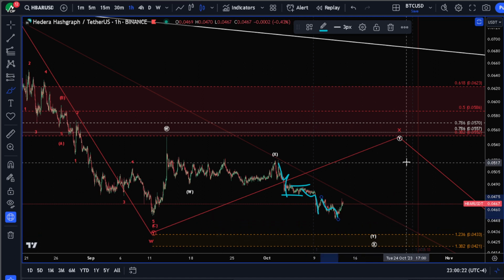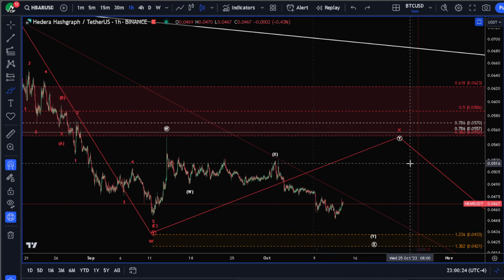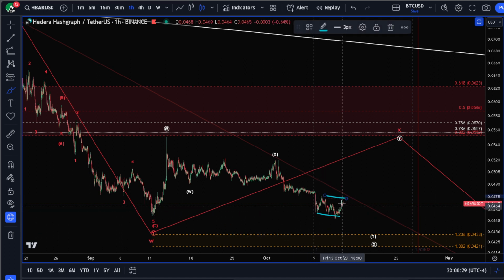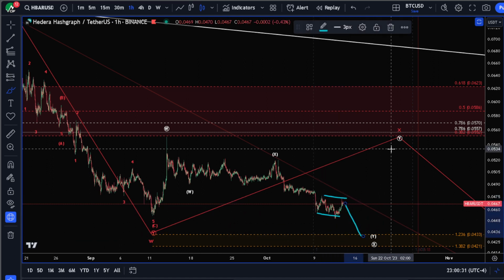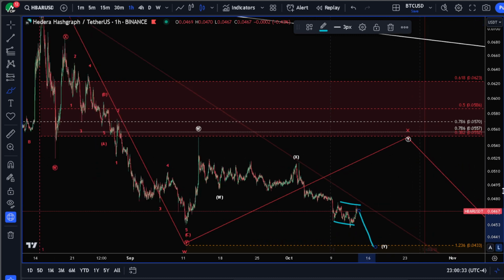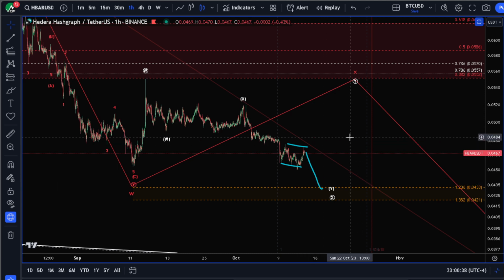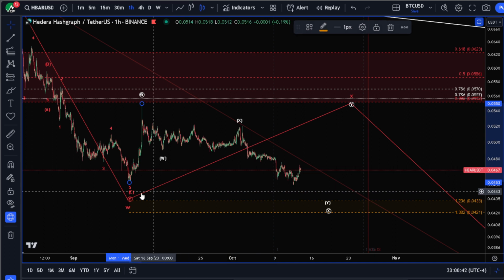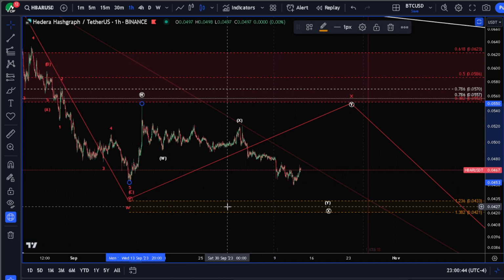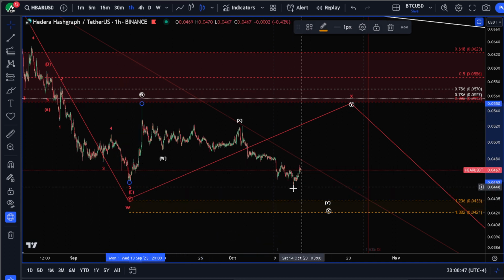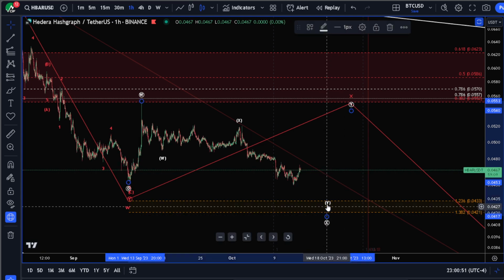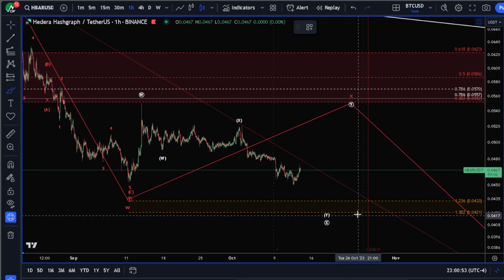So close to potentially a bottom, but again, this can just expand out because this could all be a flat here, since we only got 3 waves in the middle, and we come down for another low and make an expanded X wave here or B wave. And how I get that is you pull your fibs from our first wave up, which is either a W or an A wave, and you put it on the 1.236 and the 382, and that's the most probable area to get an expanded B wave.